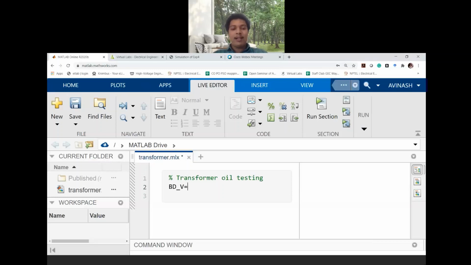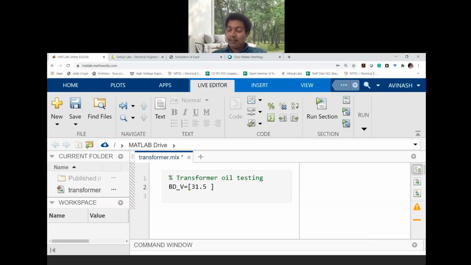Inside that, I am going to write whatever I got for the 15 times. Now, just for making you understand, I am writing some values. You have to add whatever values you got from the simulation experiment.